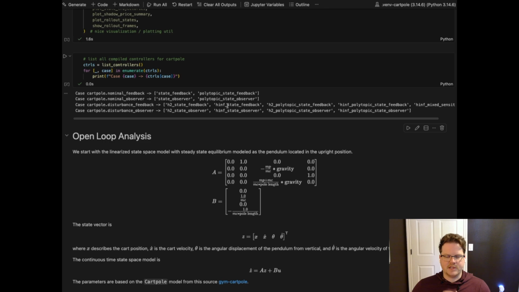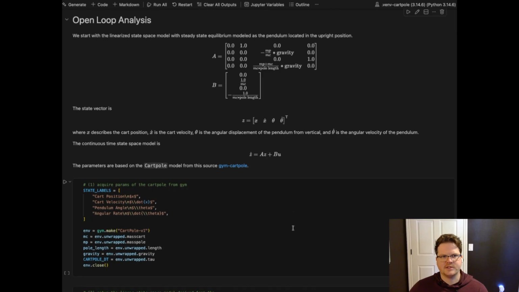For a separate video series, I think I'm going to do the H infinity and mixed synthesis with the polytopic versions perhaps, which shows more or less the worst case conditions, trying to push down on that and ensure that our controllers attenuate any of those high frequency noises, or have higher gain in the target bandwidth that we actually want to control the system. But for right now, pretty simple: state feedback, state observer, H2. So let's move forward.